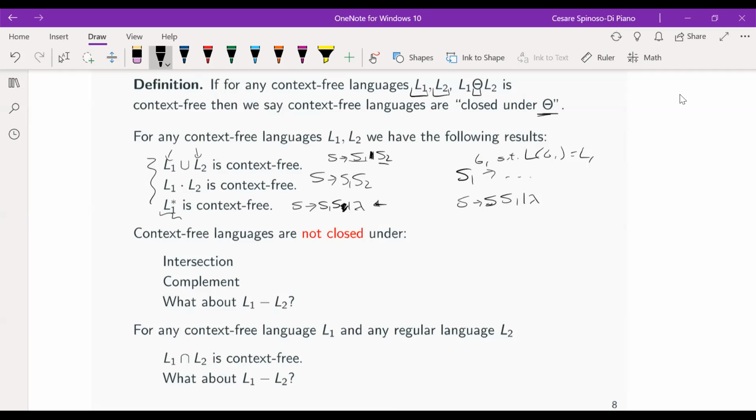The reason I don't think it matters is that if you reverse these two, you're just doing the reversal of a bunch of the same languages, right? Would it be problematic if we had another S that goes to, let's say, S2? How would we know it's going to go to the right S?